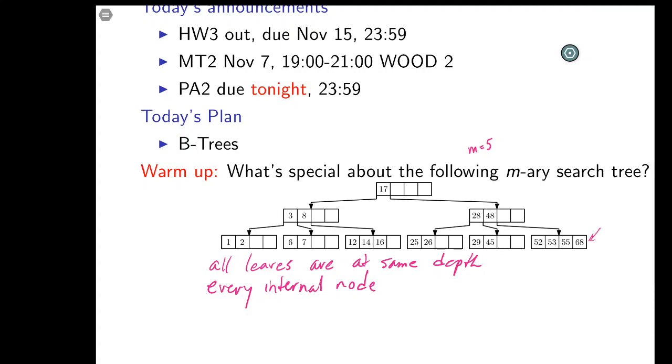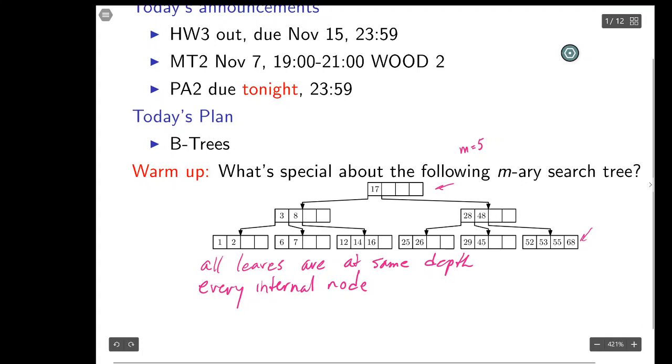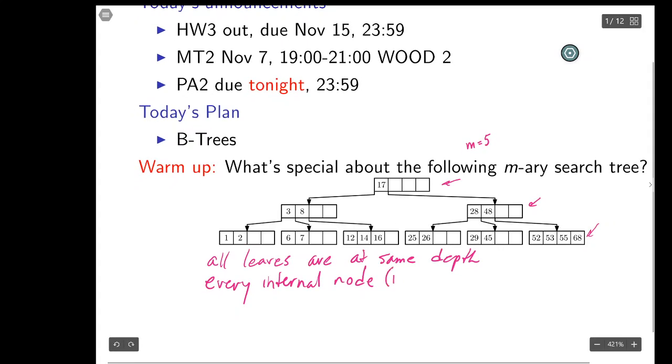No. Is this an internal node? Yes, it is. Sorry. And so are all these. So everything that's not a leaf is an internal node. Every internal node, i.e. a non-leaf. We went through so much terminology, and I forgot that one.